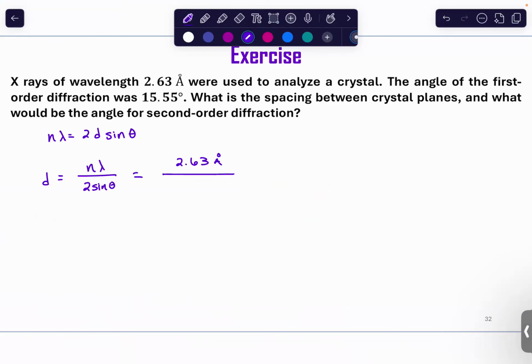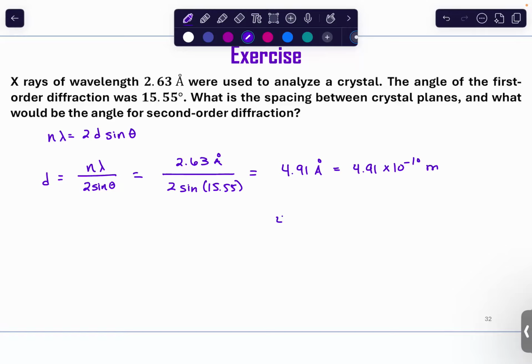2.63 angstroms over 2 sine of 15.55 degrees. And D is going to come out to be, let's see how many different ways we can write this. 4.91 angstroms. 4.91 times 10 to the negative 10th meters.